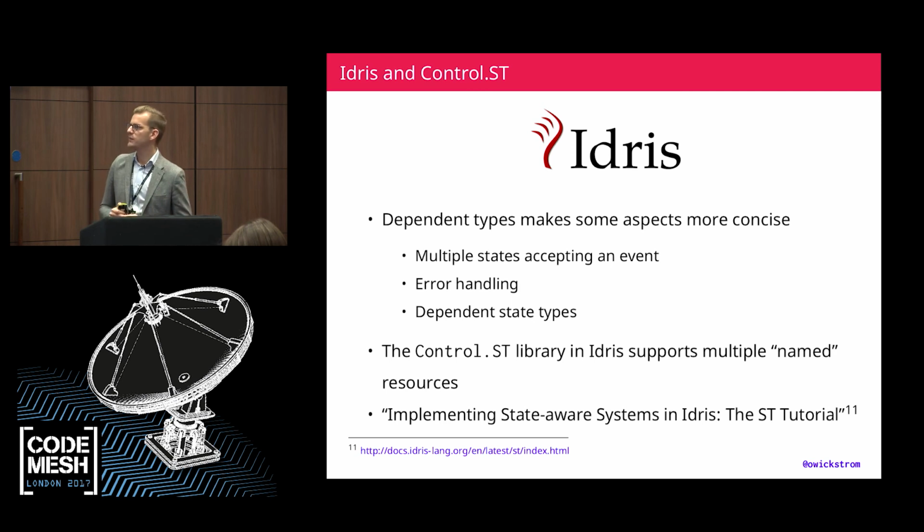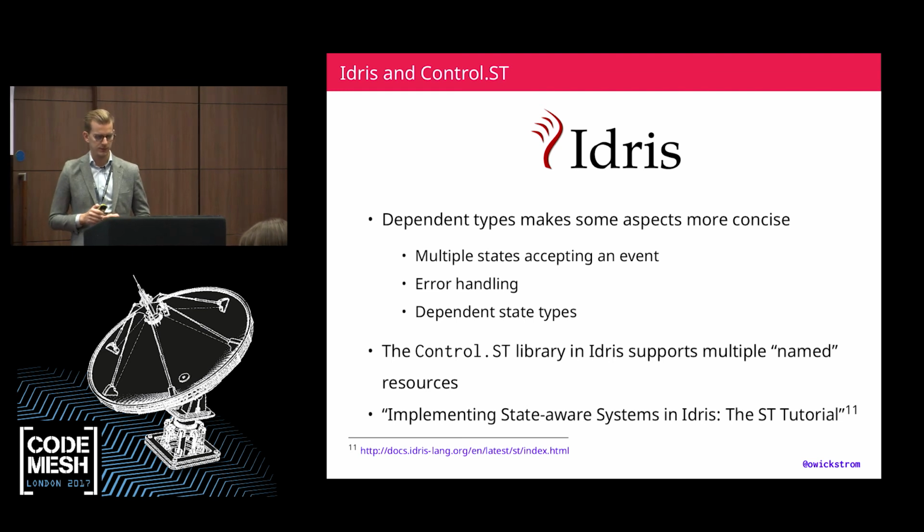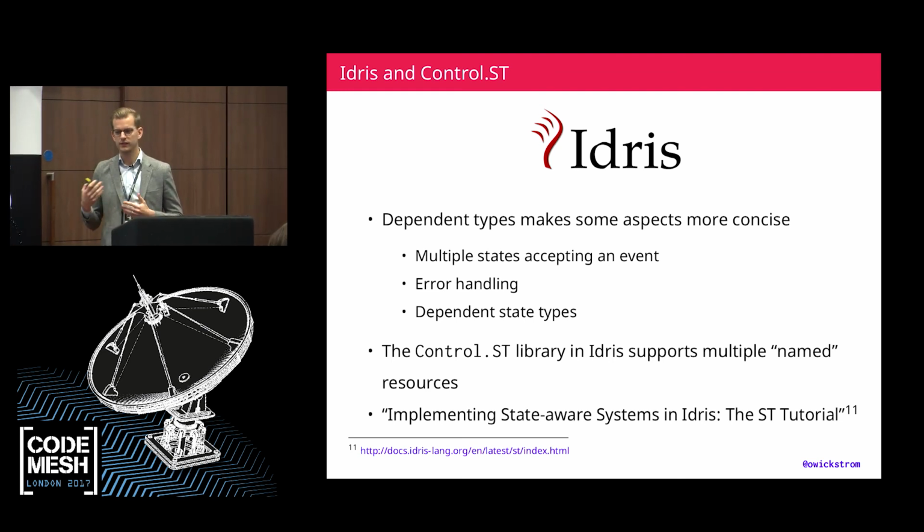So with dependent types, we can make some of these aspects around state machine implementations more concise. We can better express that multiple states accept an event. We can do nicer error handling, and we can have dependent state types. And this ControlStay library implements this for Idris. It also has this notion of named resources.